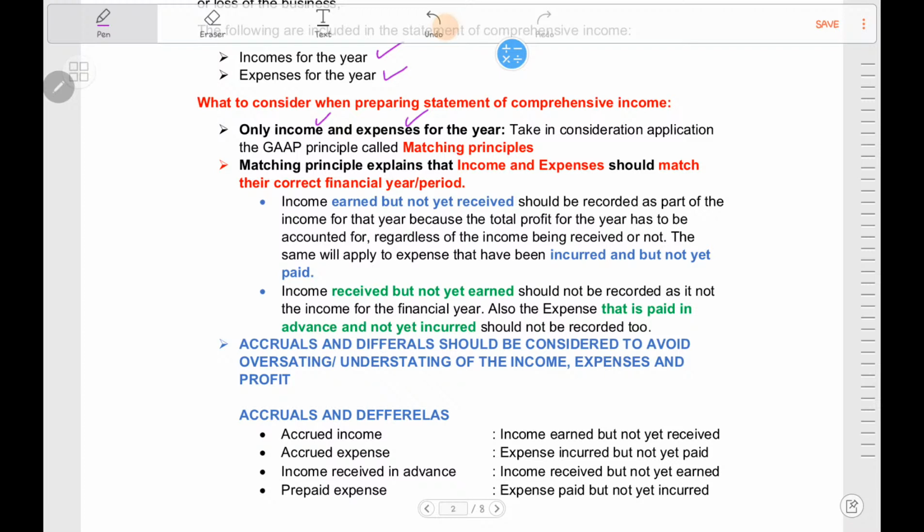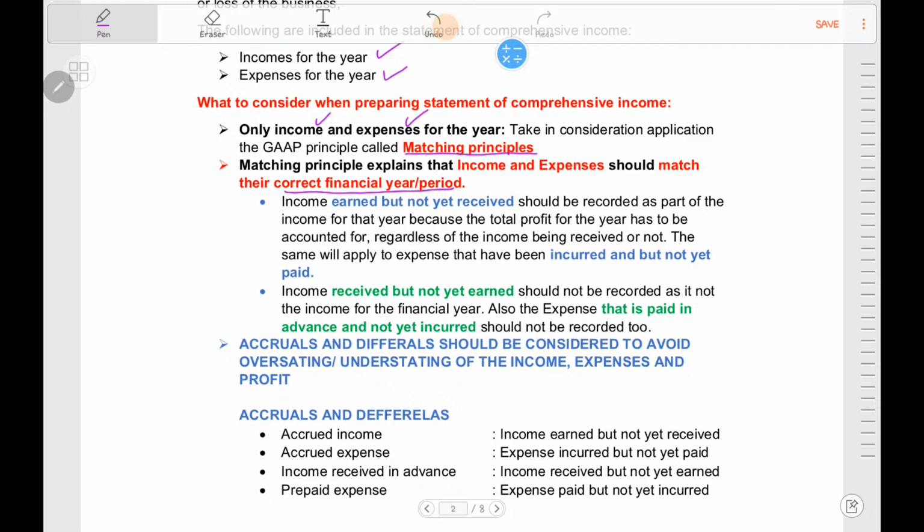You have to subtract it from your incomes and also your expenses. Therefore, we are going to apply the principle called the matching principle, meaning that incomes and expenses should match their correct financial year.